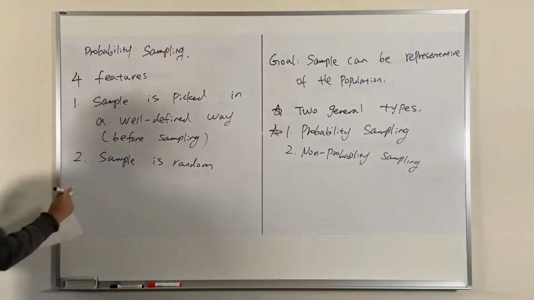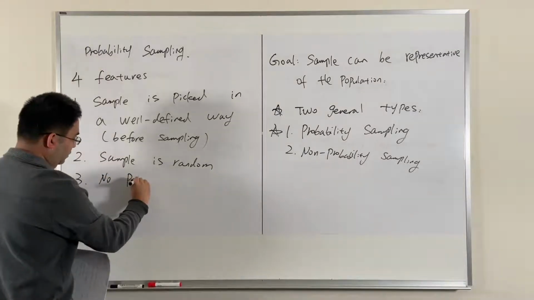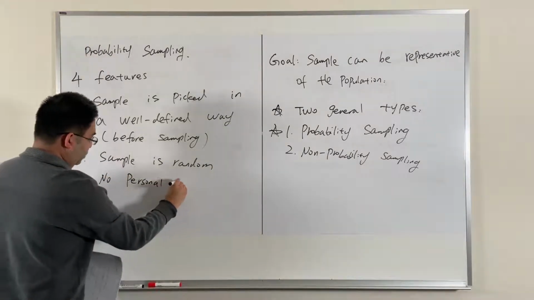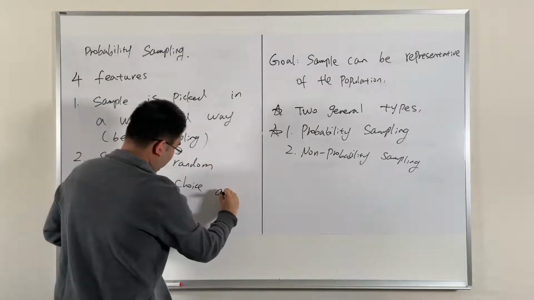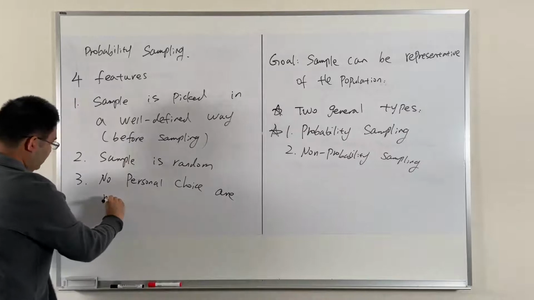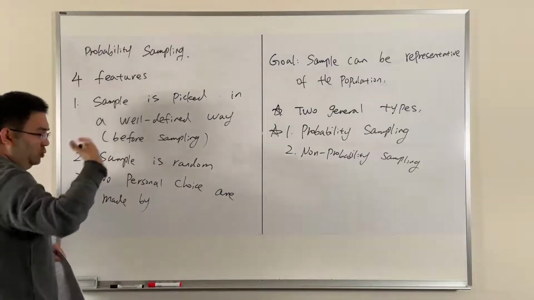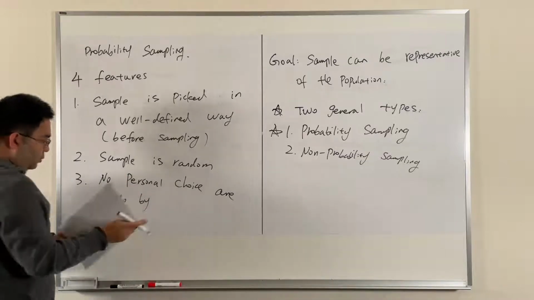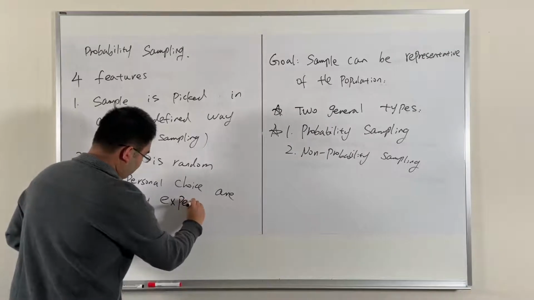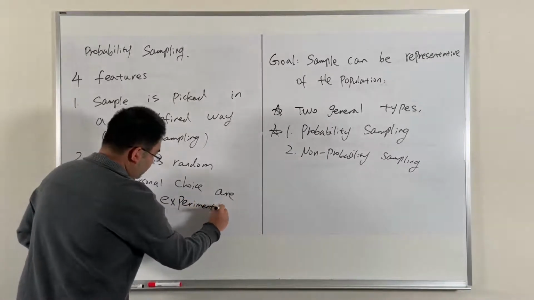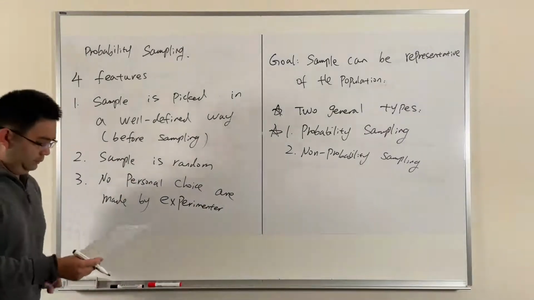And then the third one is no personal choices are made by you or by the person who does the sampling, or here let me use the word the experimenter. Okay. So personal choices are not involved in how you do the sampling here.